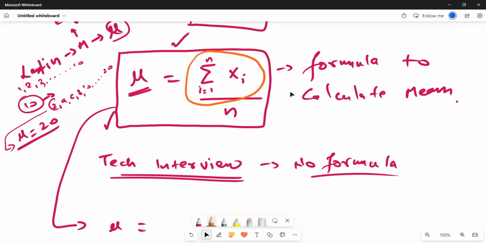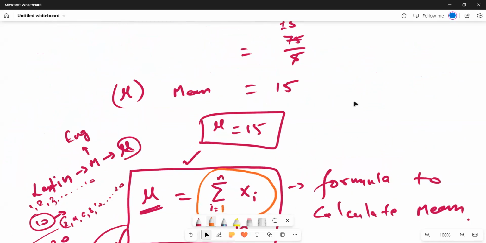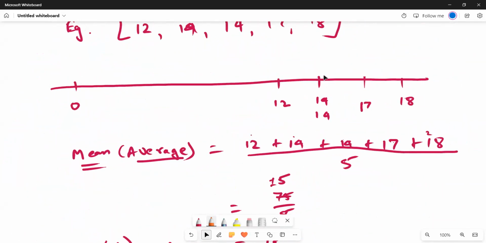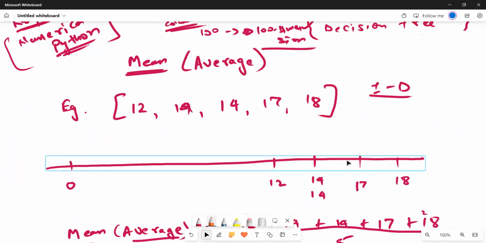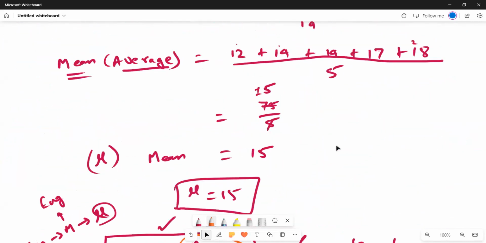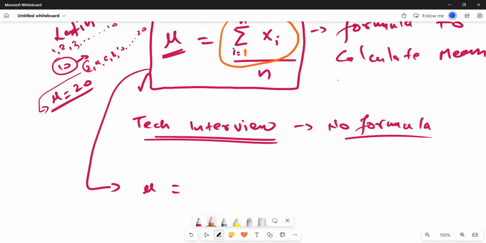How you're going to expand this is, I will start from 1 and it will go up till n. N is the total number of elements that you have in your data set. So for example, in the initial data set that we were discussing, 12, 14, 14, 17, and 18, if you expand this formula, you put the value of 1 here, so xi becomes x1.